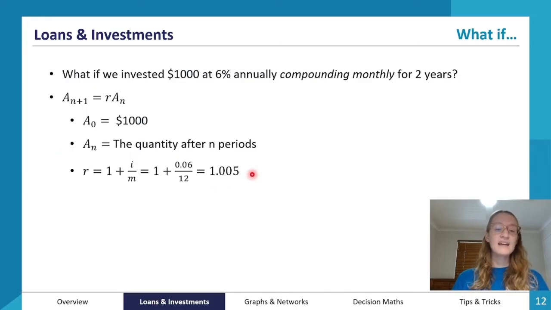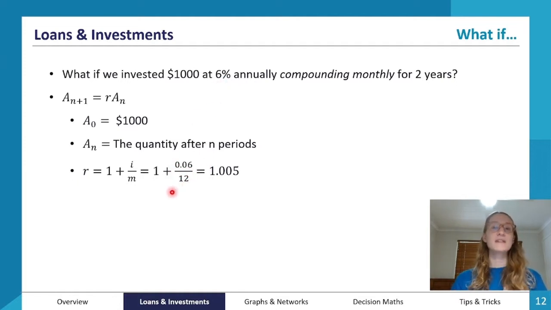But here, again, is where we have another slight change in how we find R. So R is no longer telling us how much our money grows by every year. It's telling us by what factor our money grows every month, because now we're looking at monthly compounds. So I is the same as in our last question. It's our decimal rate of interest, 0.06, because we've got 6% per annum.